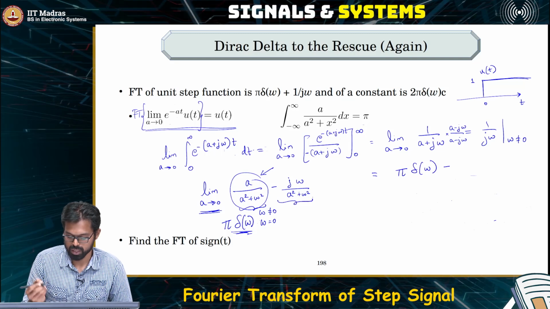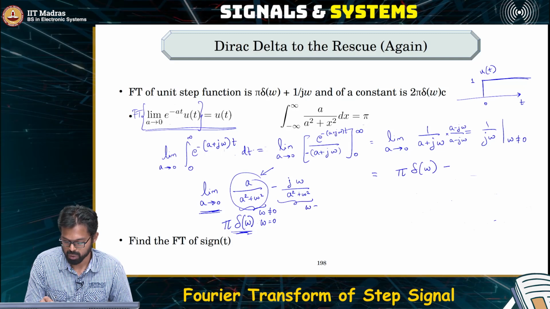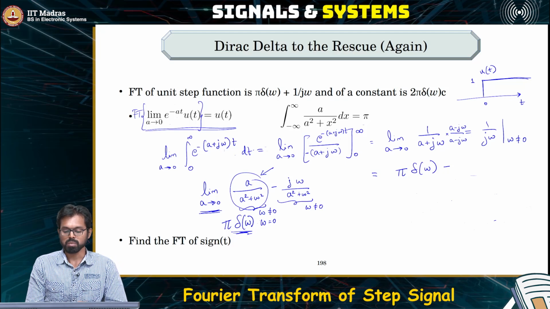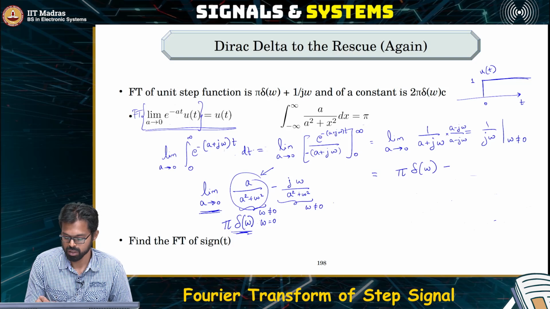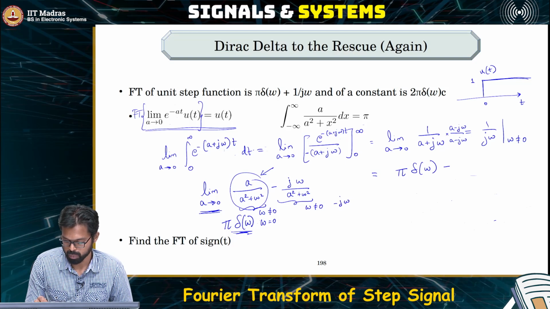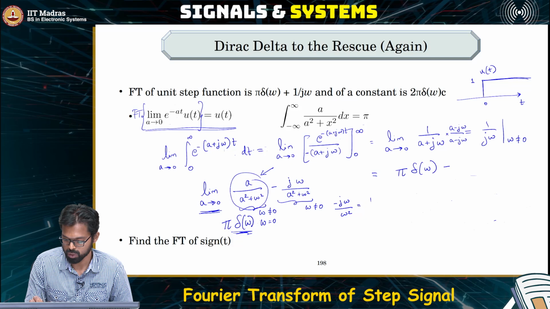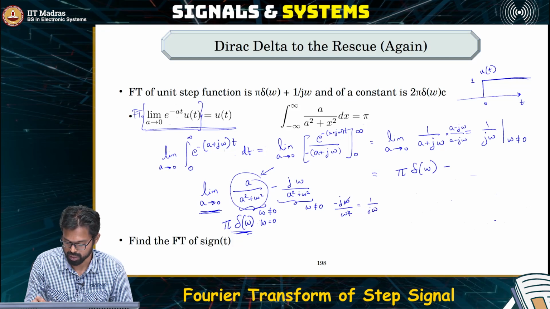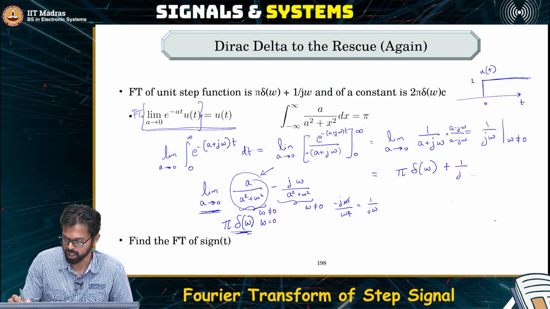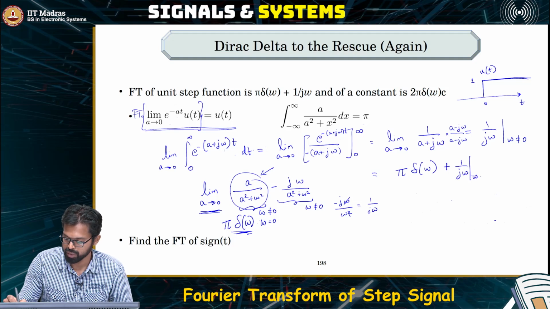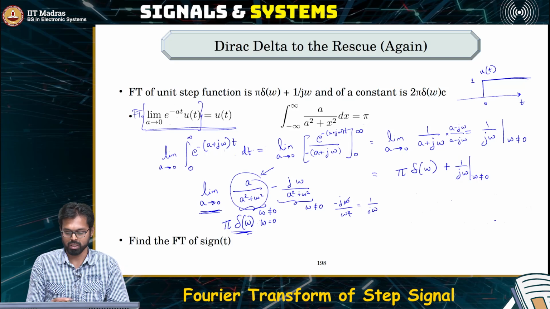So this limit is in fact equal to pi times delta of omega. So what happens in this case, when omega is not equal to 0, you let a equal 0, we get minus j omega by omega square, which is equal to 1 by j omega. Right? This gets cancelled, minus j you can bring it down, it becomes plus 1 by j omega. And for this term, we have to ensure that omega is not equal to 0.